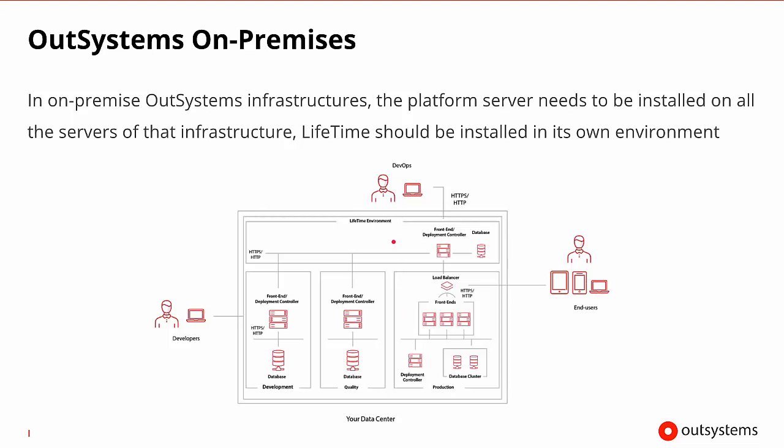That also means that the lifetime application will be installed on an OutSystems server, and that will live in its own environment, which would have its own front-end and deployment controller as well. And that's where DevOps could access the lifetime application.